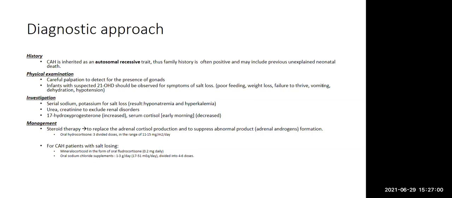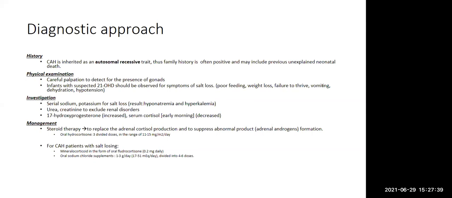So if there is reduced aldosterone, there will be reduced sodium. When there is reduced sodium, as you know, water will follow sodium, so the patient will have dehydration or hypovolemia. Normally when sodium is absorbed, the kidney will excrete potassium. So if there is a reduction in this, the vice versa will occur. So there will be hyponatremia and hyperkalemia.